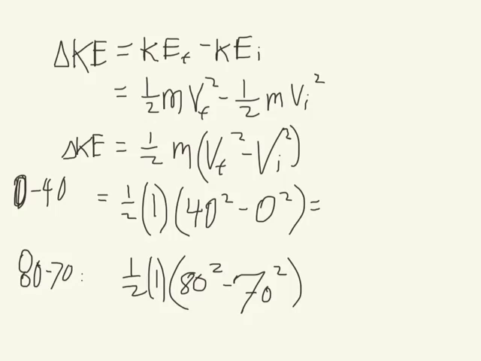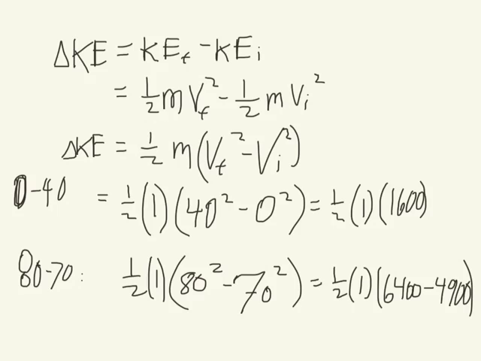What's 40 squared? Should be 1600 about. And 80 squared should be about 6400. 70 squared is 4900. And the difference between those is 1500. And now we can compare these two values.